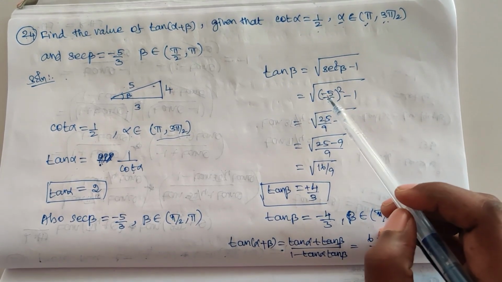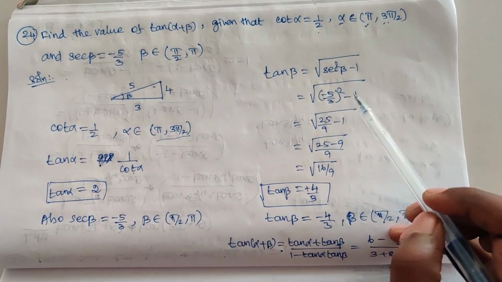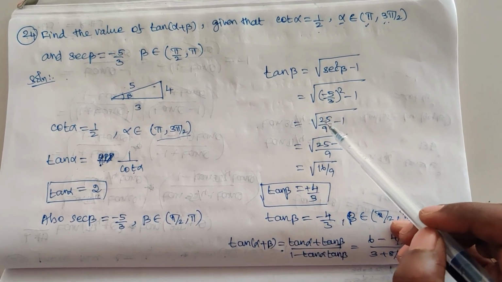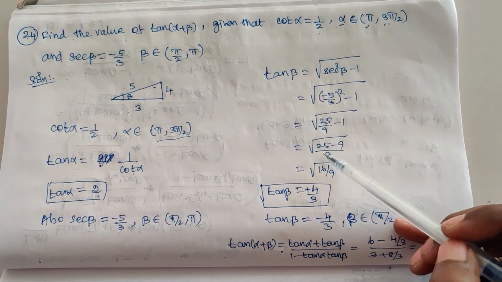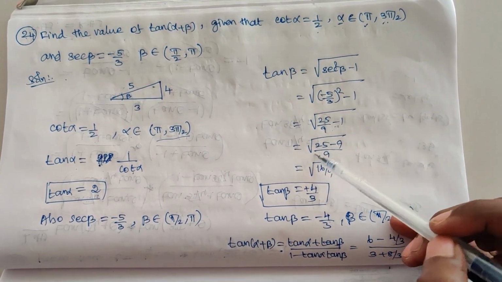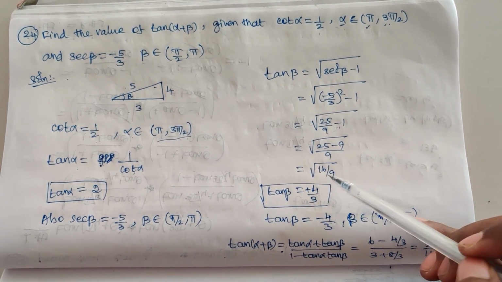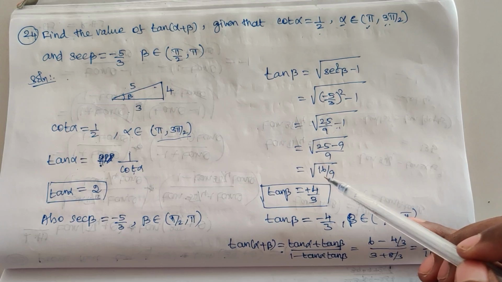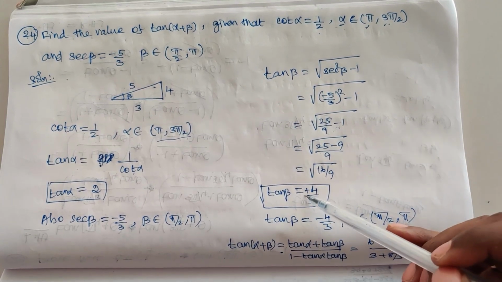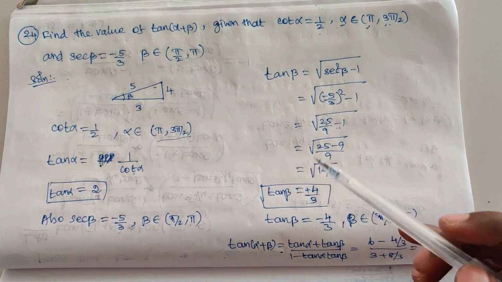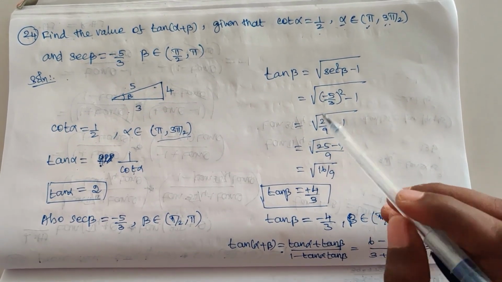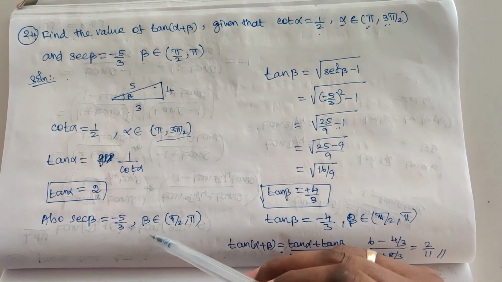So square root of (minus 5/3) whole squared minus 1, square root of 25/9 minus 1, square root of (25 minus 9) divided by 9. 25 minus 9 is 16, so square root of 16/9. Taking the square root we get plus or minus 4/3. So the beta is in which quadrant?